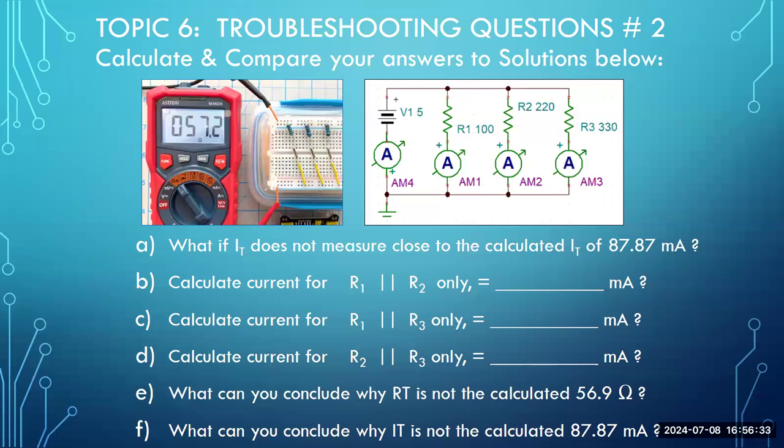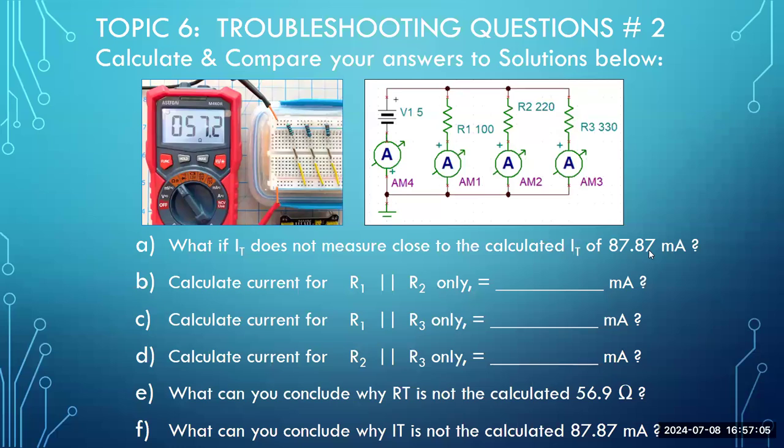All right, so if we review a reworking of the slides, so it's a little cleaner, and what I've done, as I've done previously, is bring in the schematic. So the schematic shows R1 as 100 ohms, R2 is 220 ohms, R3 is 330 ohms. It's built that way in the illustration. And so you were asked to calculate the currents, because when you go to measure current, the current's supposed to be something close to 87.87 milliamps, but for some reason it's not.